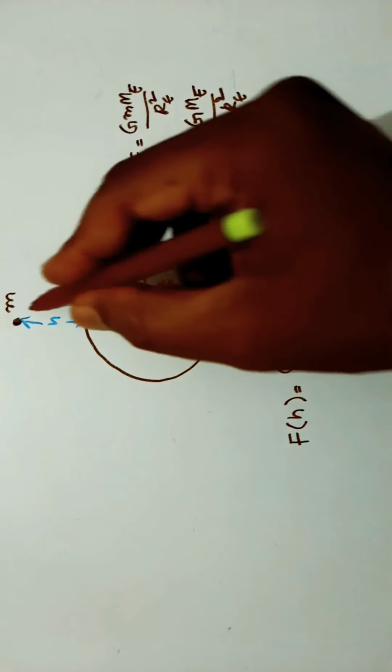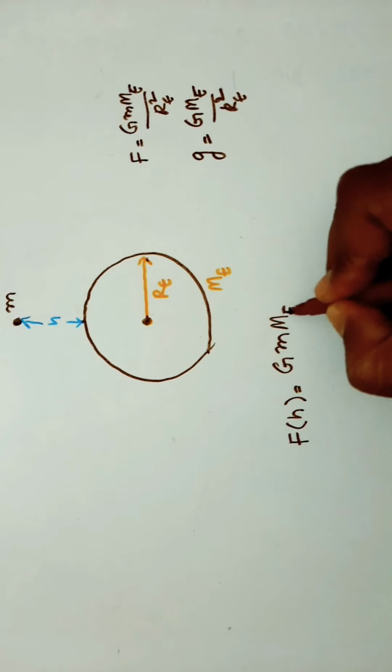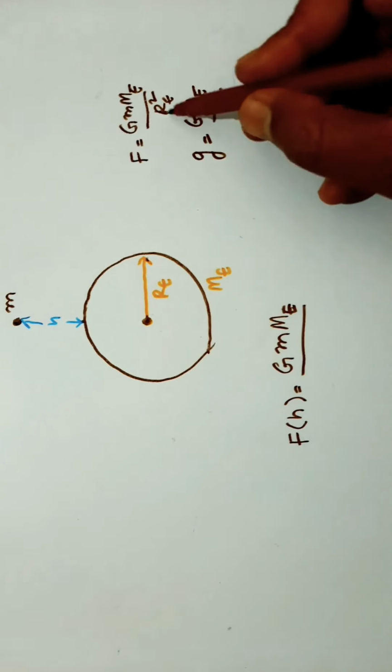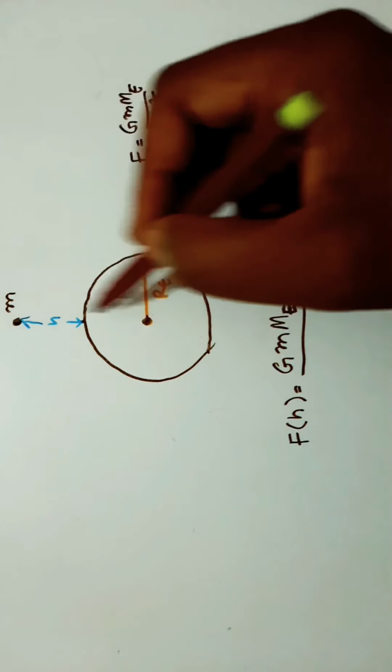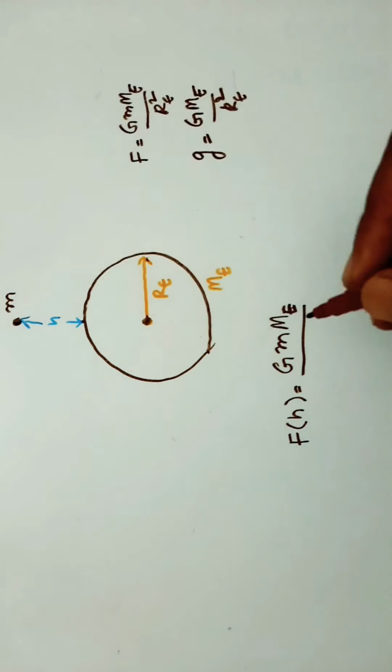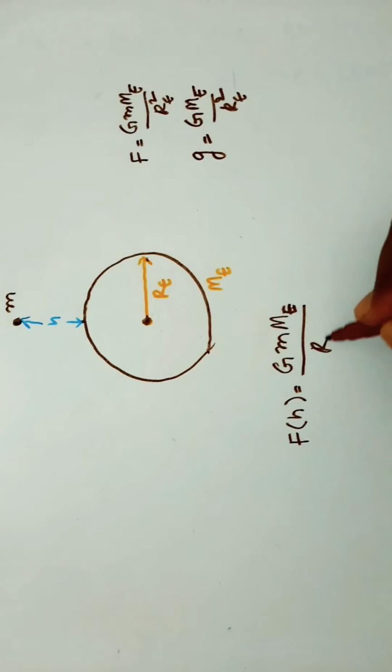G into m1 is equal to m, m2 is equal to Me, by r square. r square means the distance between two masses, that is Re plus h whole square.